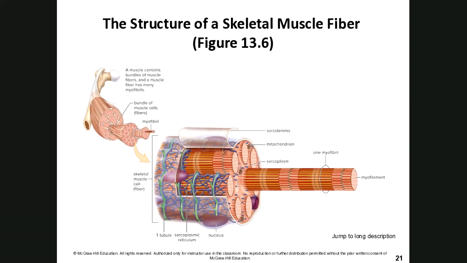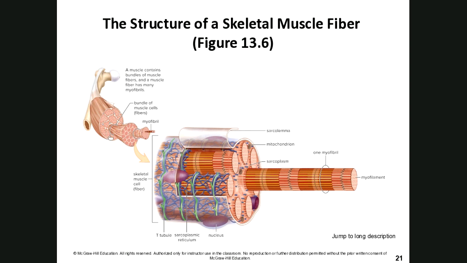So now we're going to look at this picture of all of the structures that we talked about. We have our entire organ of the muscle, and it's this huge bundle of muscle parts.